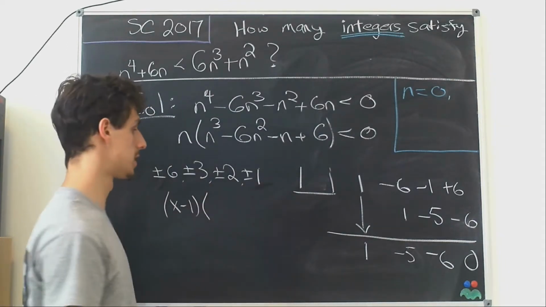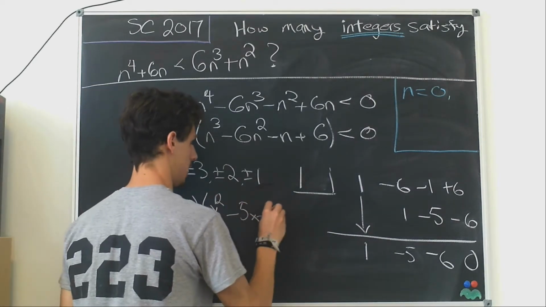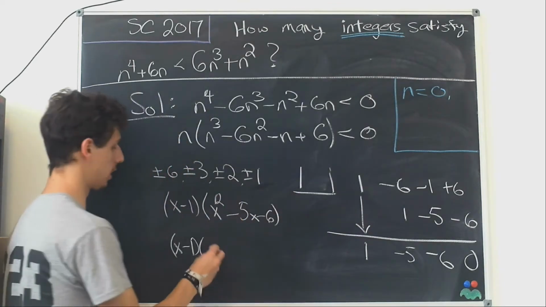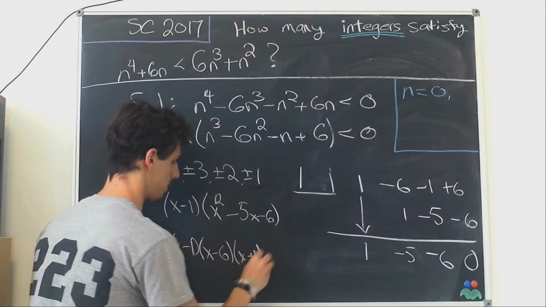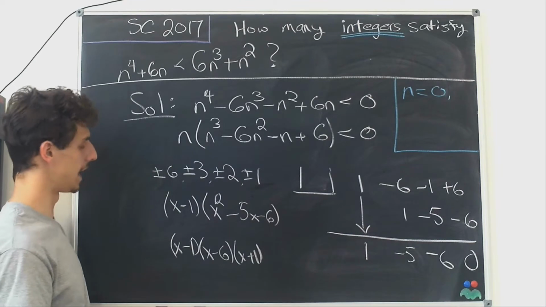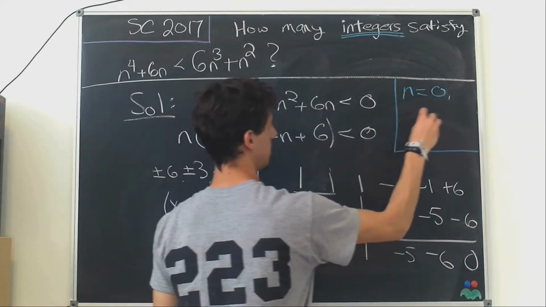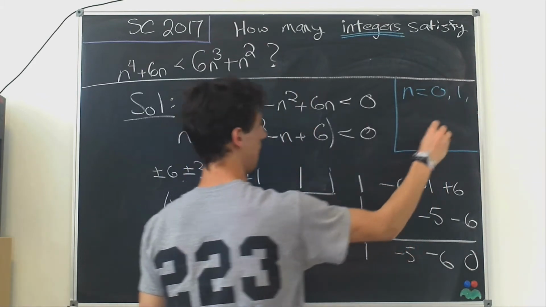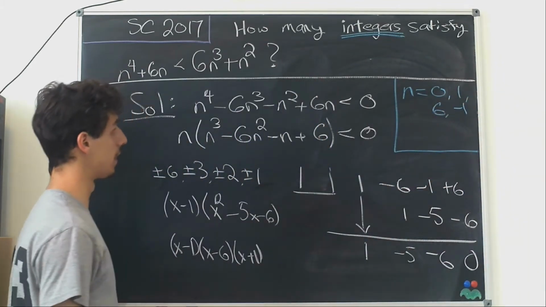And the resulting polynomial we get from it is x squared minus 5x minus 6. And we can pretty quickly look at that and find that the remaining roots are negative 1 and positive 6. So I'll go ahead and write those roots up here. We have 1, we also have positive 6, and we also have negative 1, like that.